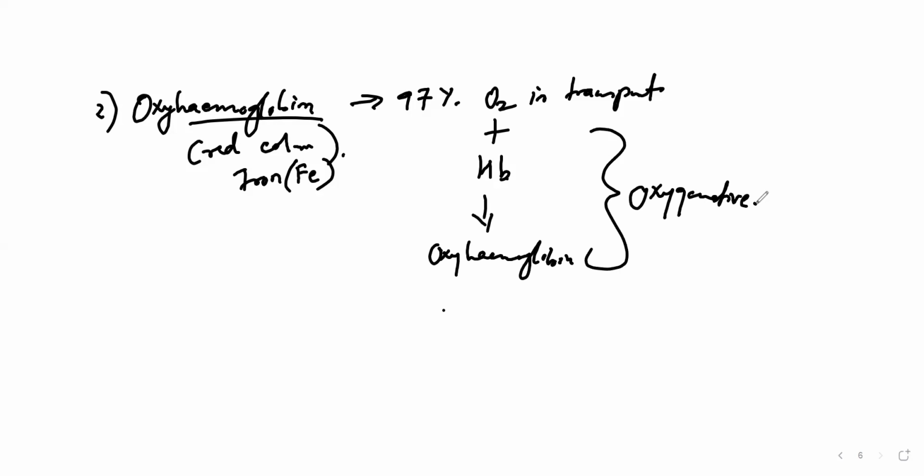Usually if you take a hemoglobin molecule, it will have 4 iron units or 4 heme units. So 4 heme units means each molecule of hemoglobin will be able to carry how many molecules of oxygen? 4 molecules of oxygen.